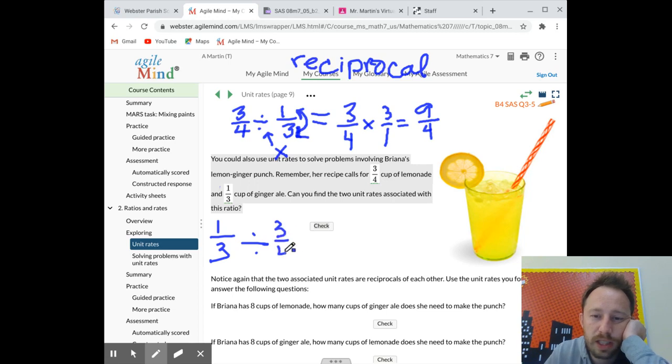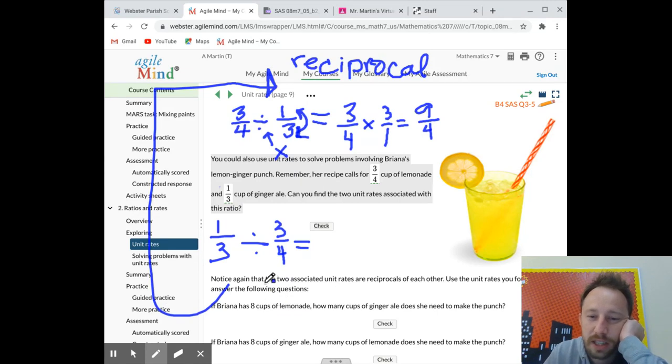But once again, we can't divide by a fraction. We have to multiply by the what? Reciprocal. All right. So we change our sign to multiplication and we multiply by the reciprocal. So what is the reciprocal of 3/4? 4/3. Good.